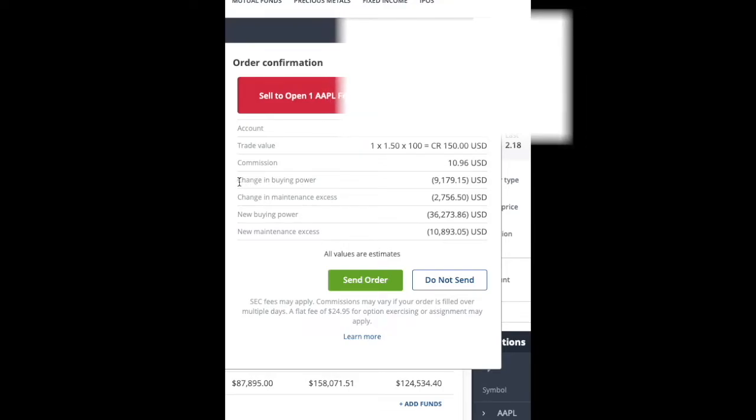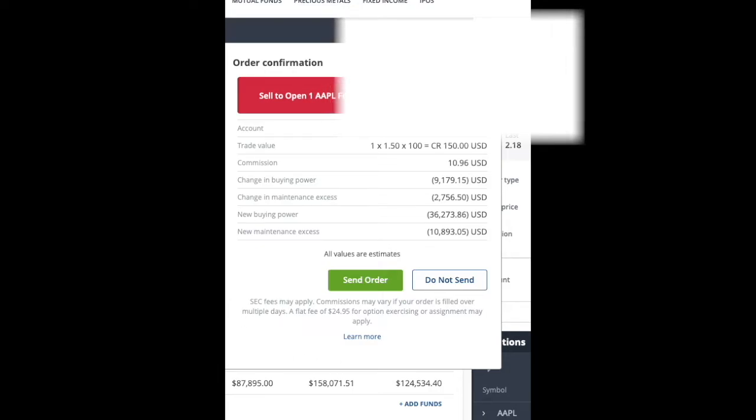Obviously, Questrade is gonna hold some collateral on your funds to make sure that you're able to fulfill the obligation of buying the shares at the strike price of 120 per share in the event that, as we discussed earlier, the Apple share ends up below $120 by expiration date. So once you are done with your final review, you just click send to send the order.